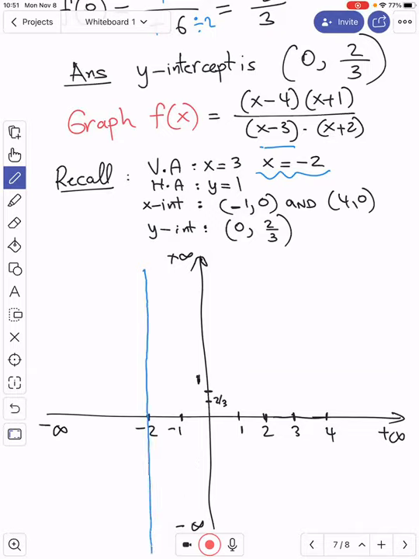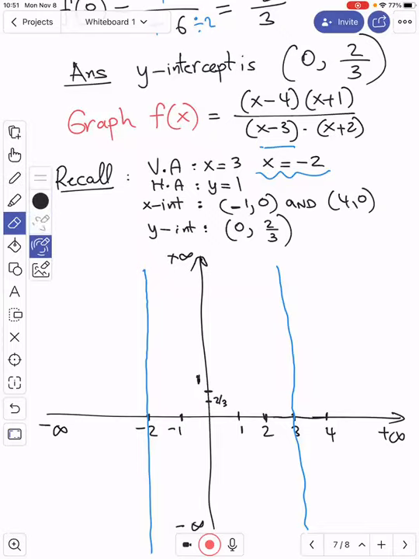Then x equal to positive 3, my second vertical asymptote. Of course it's supposed to be a straight line, but okay. That's for the vertical asymptotes.